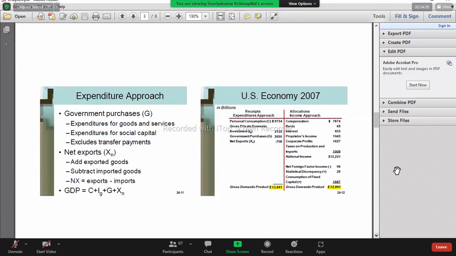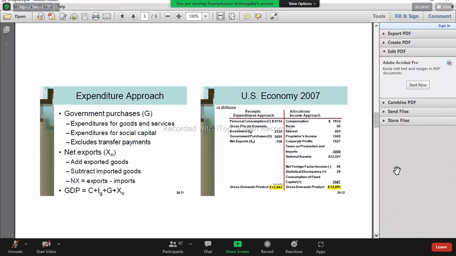Then net export. So now we are producing and exporting, and we are importing also. So the net export is export minus import. We should deduct the import expenditure because in the GDP we should consider only domestically produced goods. But we already counted the import in the consumption expenditure.